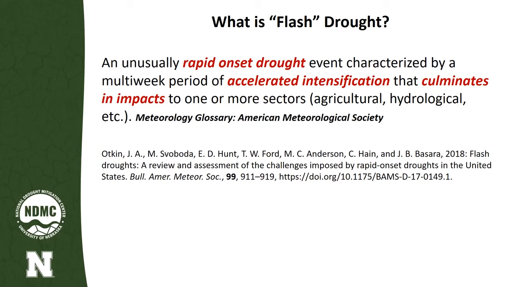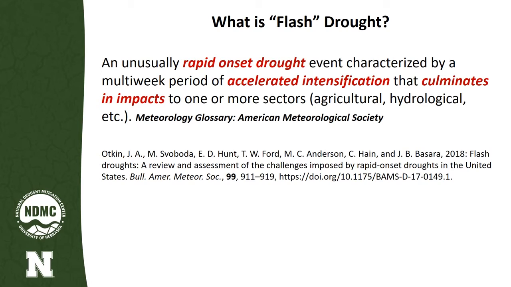What is flash drought? Well, just like all other droughts, there is no one definition. There are various types of droughts, and it takes various types of indicators to monitor and define them. I think the same holds true for flash drought, depending on your location and application.